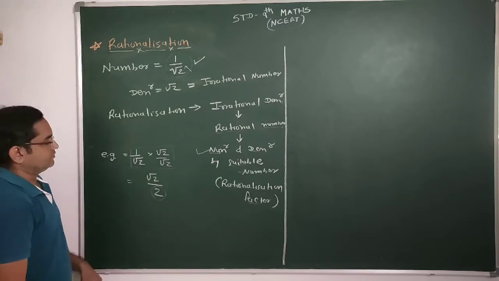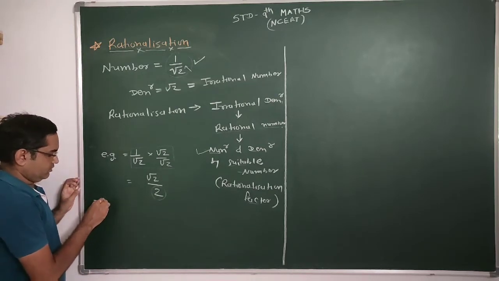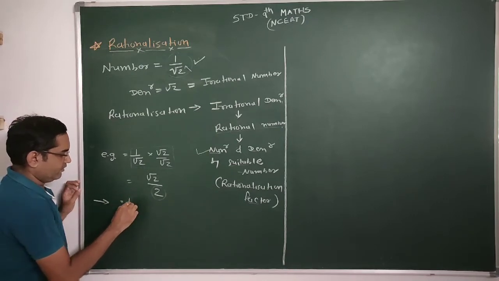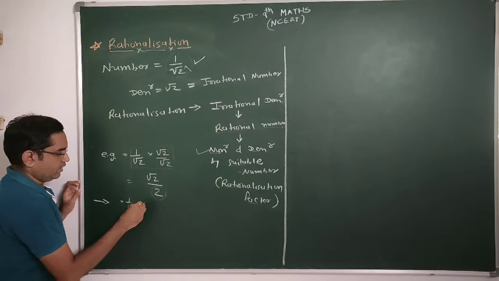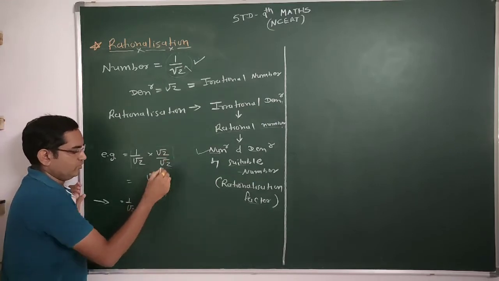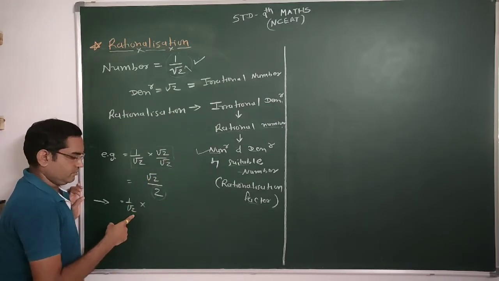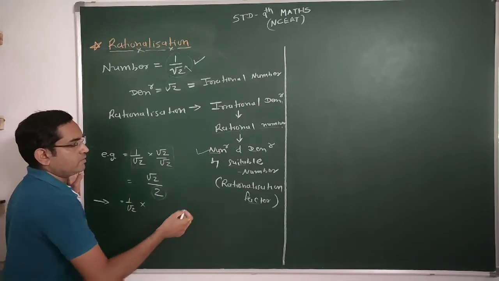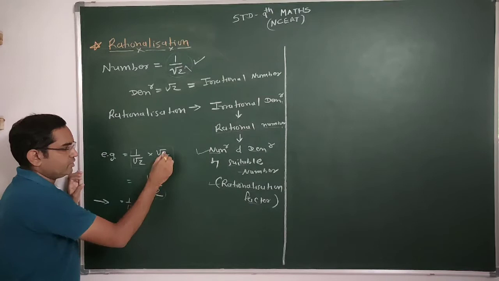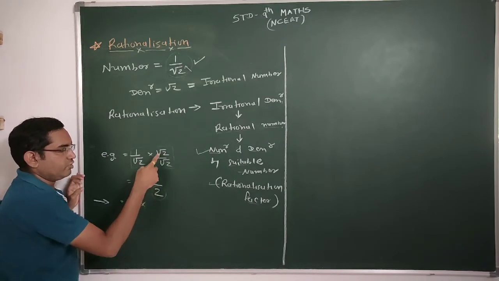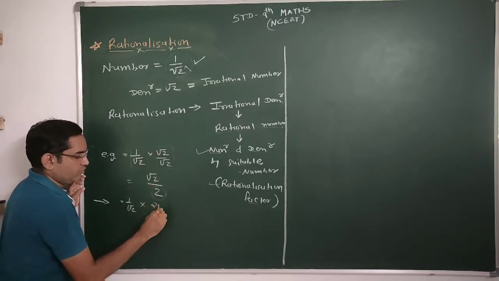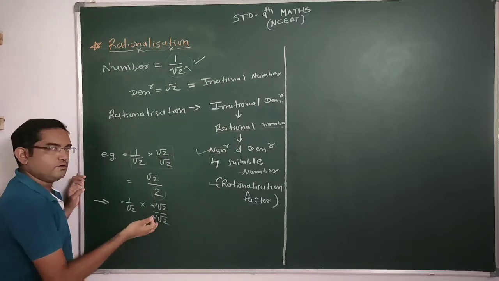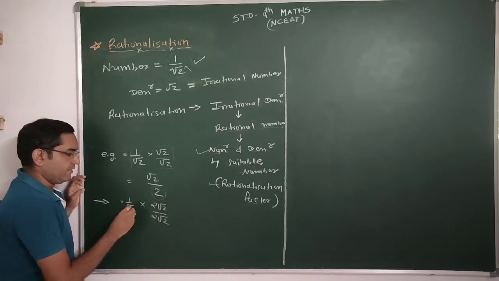Clear? Now, for example, for the same number 1 upon root 2, instead of multiplying by root 2, we can also multiply by some other number. Can we have another rationalization factor apart from root 2? Yes. Instead of root 2, we can also use 2 root 2. This is again one suitable number by which we can multiply.